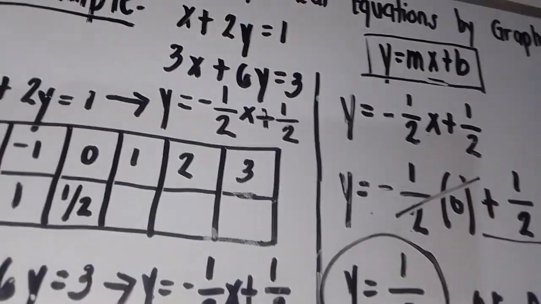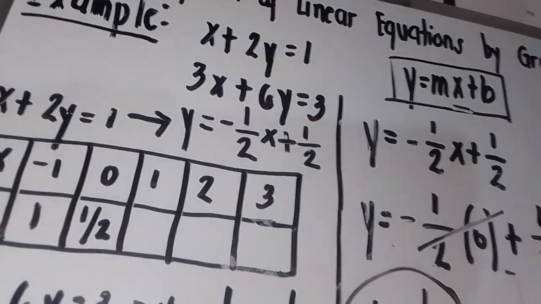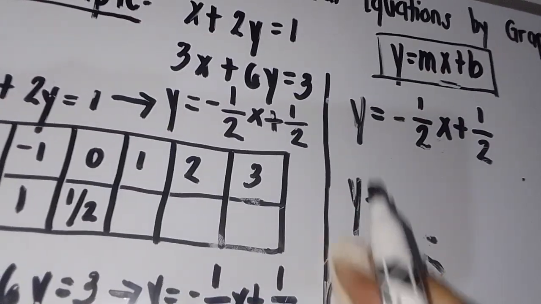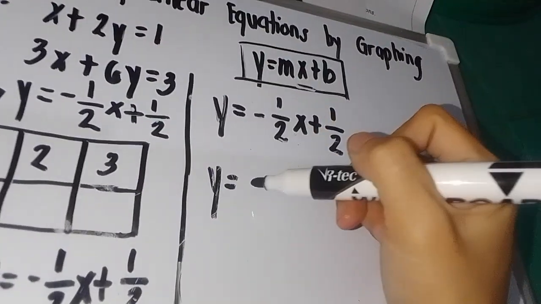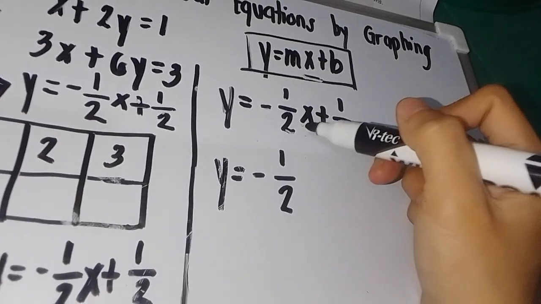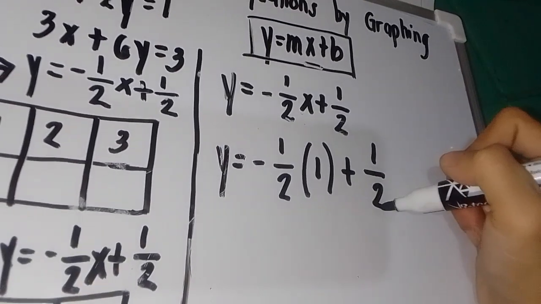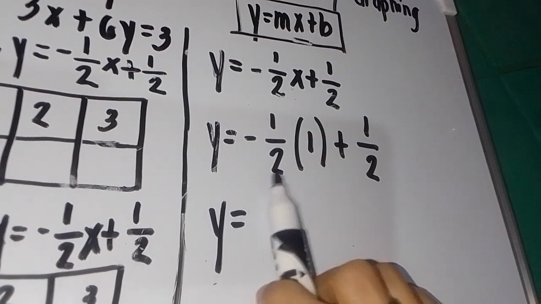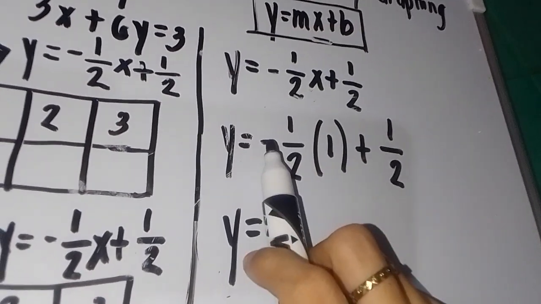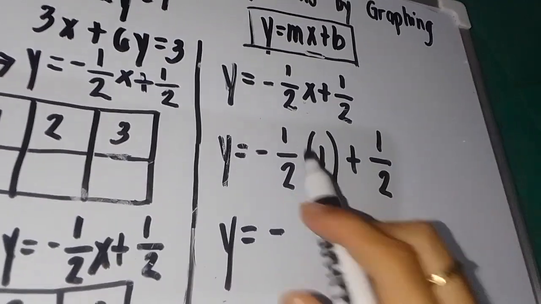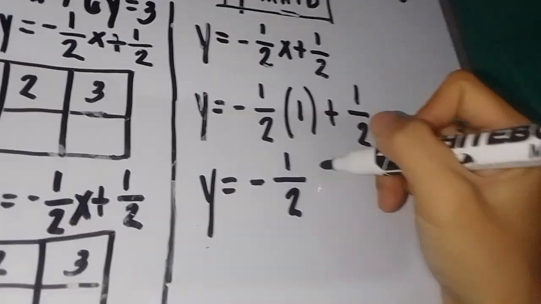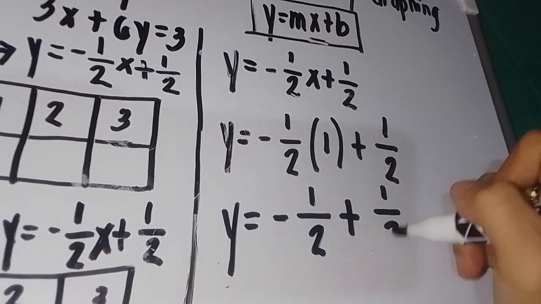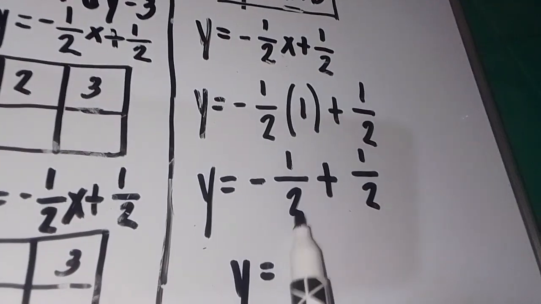Now, the next value of x, 1. When x is positive 1, what is y? Same expression, -1/2, then x this time is positive 1, plus 1/2. Simplify: multiply the first two values for the first term. Sign first: negative times positive is negative. 1/2 times 1 is still 1/2. Next, attach the second term plus 1/2. Then combine the terms.